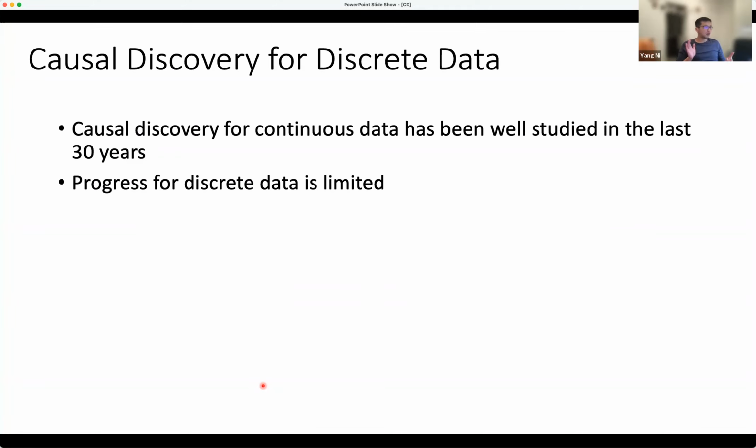Just a little bit on the history, or literature review, of causal discovery with discrete data. Causal discovery, or causal graphical models, for continuous data has been very well studied in the last 30 years or so, and a lot of work comes out every year. But for some reason, the progress for discrete data, which is the focus of this part of the talk, is very limited.